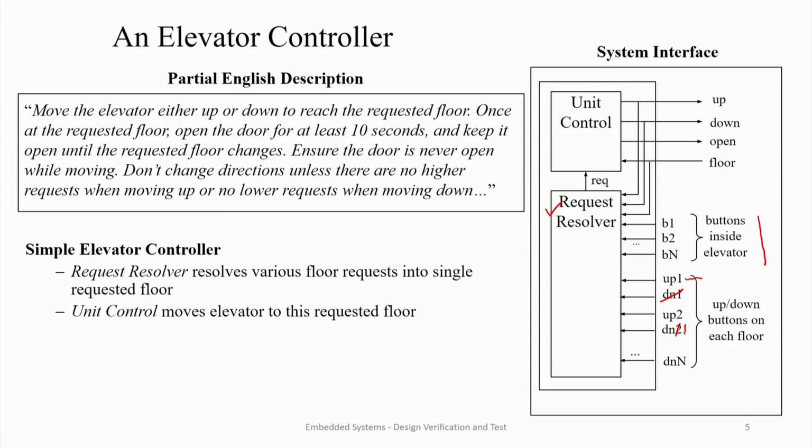At the first floor you can either go up to 2 or you can go down to 1. Okay. You have an up and a down, and at the highest floor, the top floor, you only have a down switch, you do not have an up switch. So, these are the up and down buttons on each floor outside the lift door, and these are the switches that you have inside the lift.